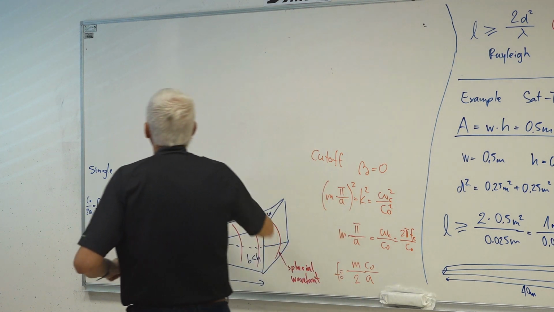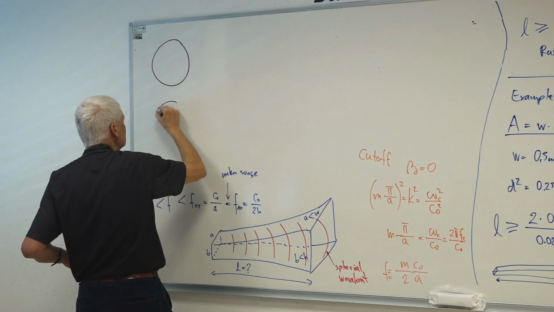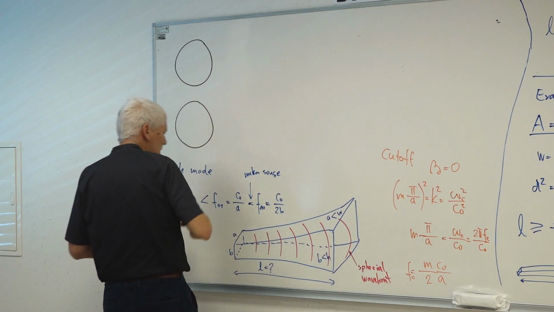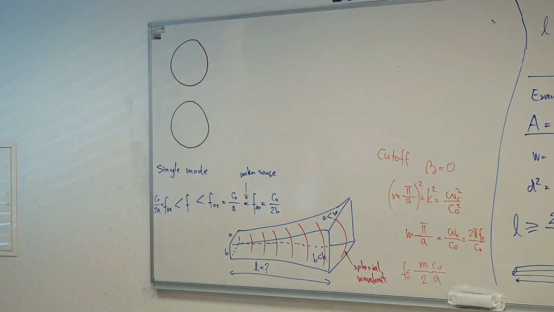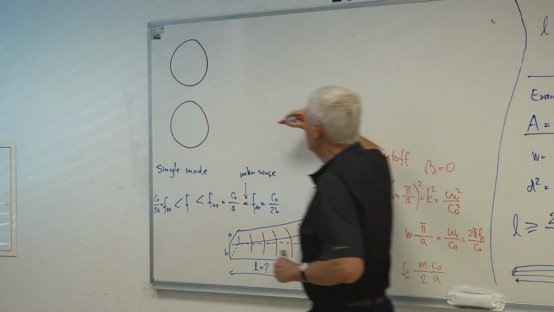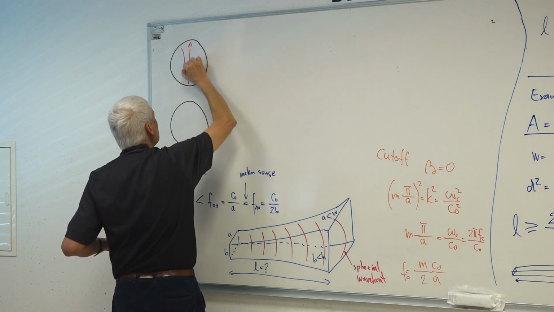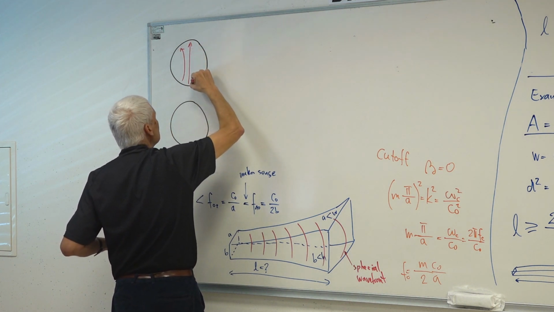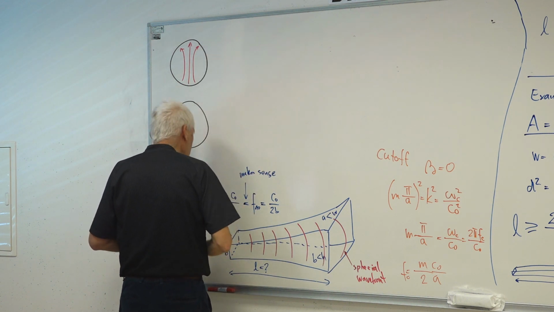So, for a waveguide of circular cross-section, I may have the fundamental mode, TE11, which is like this. I draw just the electric field lines.